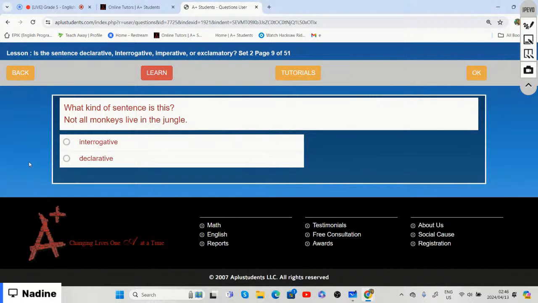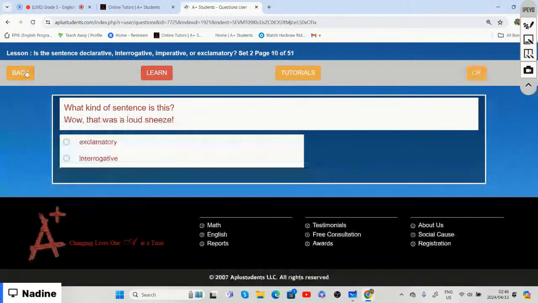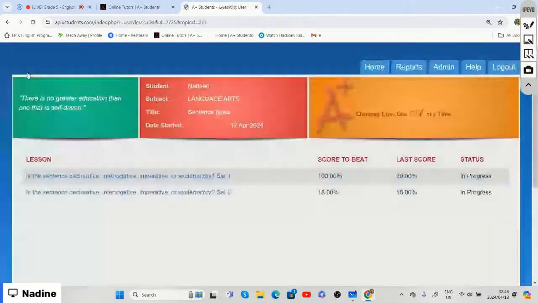All right, so we can say this is a declarative sentence, right? Because it's just making a statement. All right, so well done, guys.